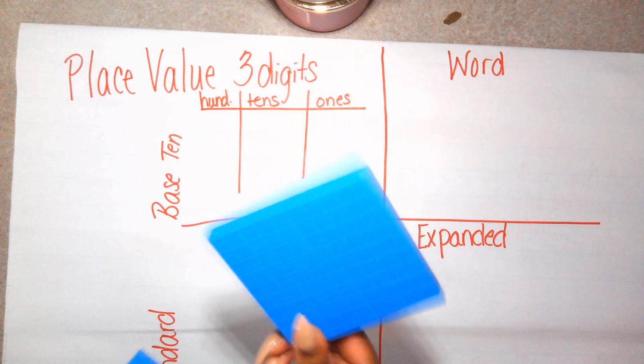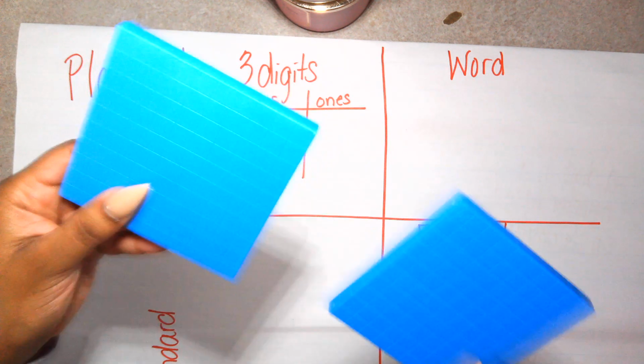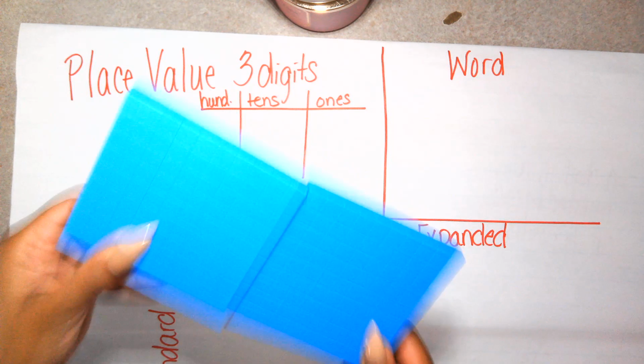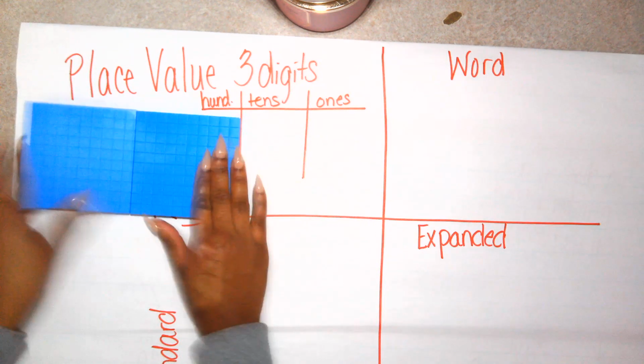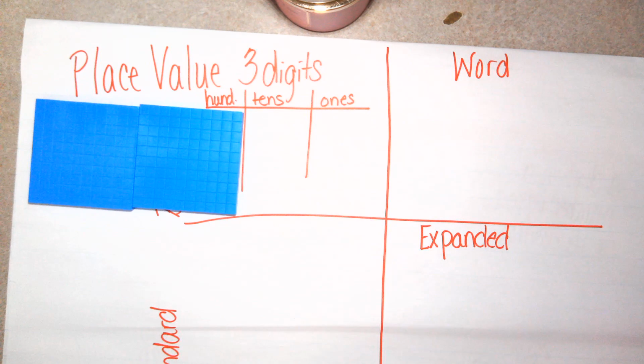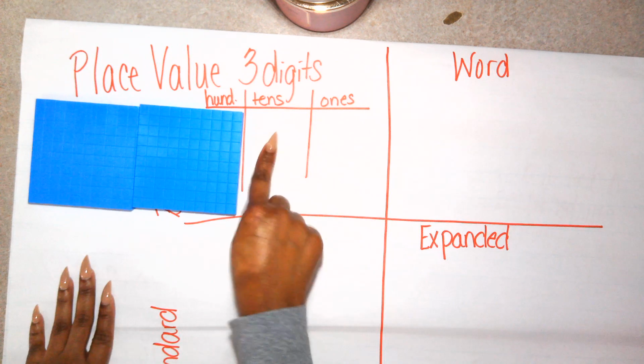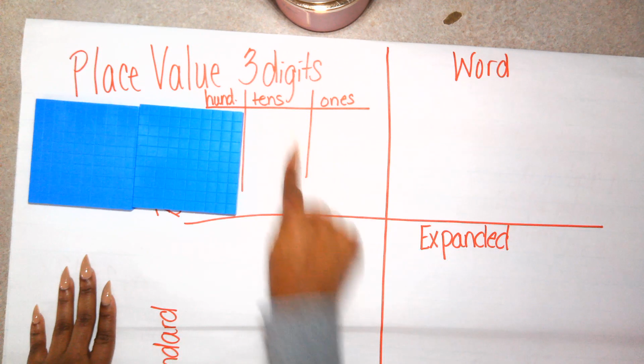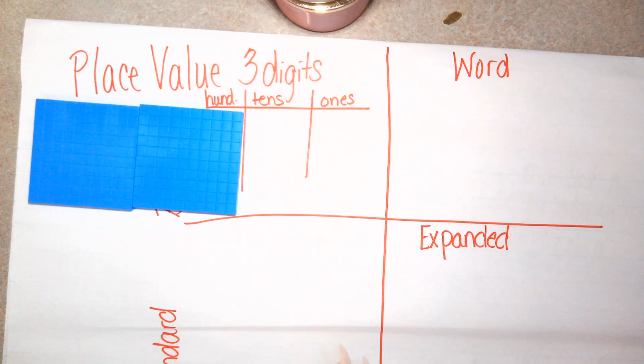All right, so the first thing I'm going to do is build my number 209. I know this is my flat. When I put these two flats together, it makes 200. So I have 200 here. And the next thing I said was 209. So that means nothing goes in my tens place, because I didn't say 219. I didn't say 229.